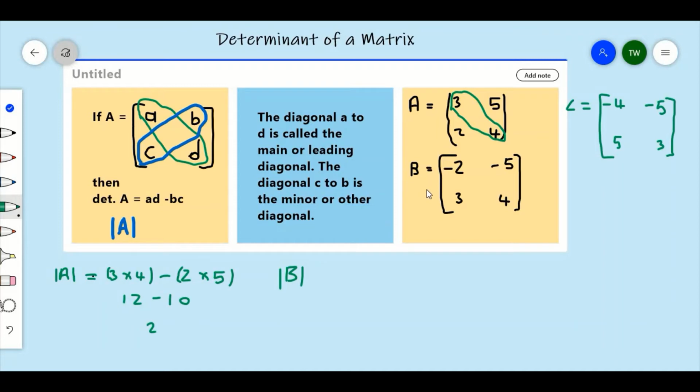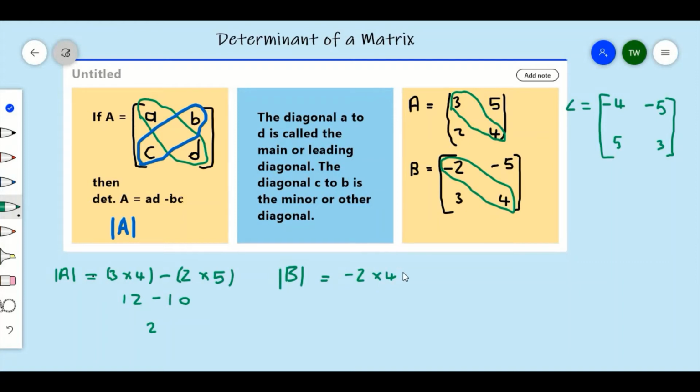Now, the determinant of B is going to be the product of the leading diagonal or the main diagonal minus the product of the minor diagonal. So let's highlight the main diagonal again. So it's the product of the main diagonal. So the determinant of B is going to equal -2 times 4.